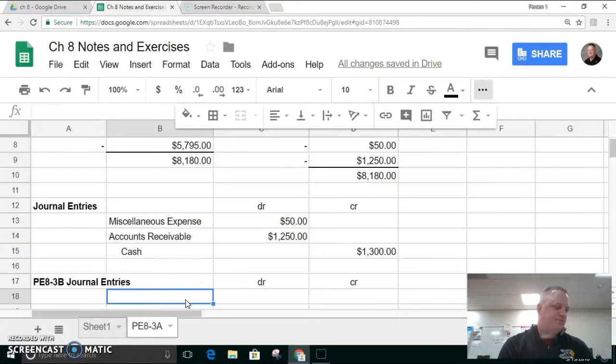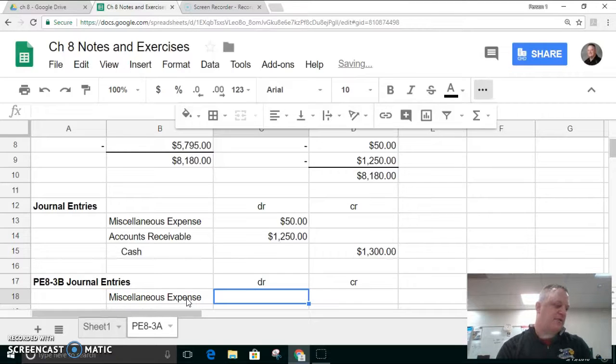All right, so again, in 8-3B, balance per bank and balance per company records, we don't have to worry about. Bank service charge, we know we have to journalize that. Because that's an expense, we need to journalize it. And the bank service charge is $50.